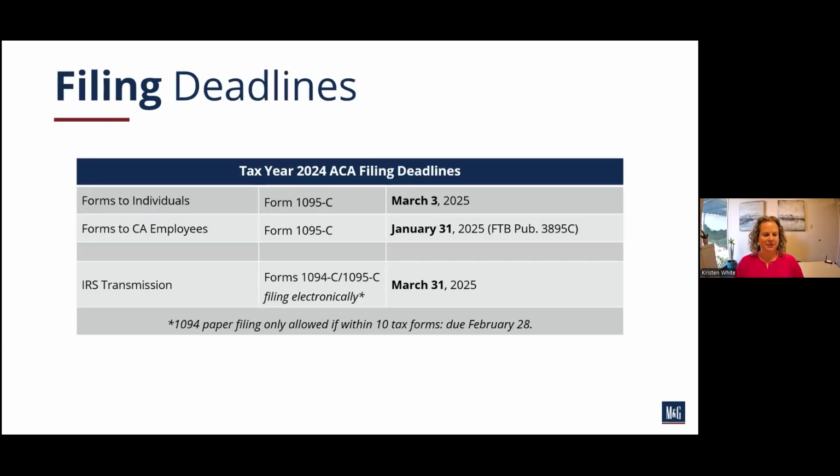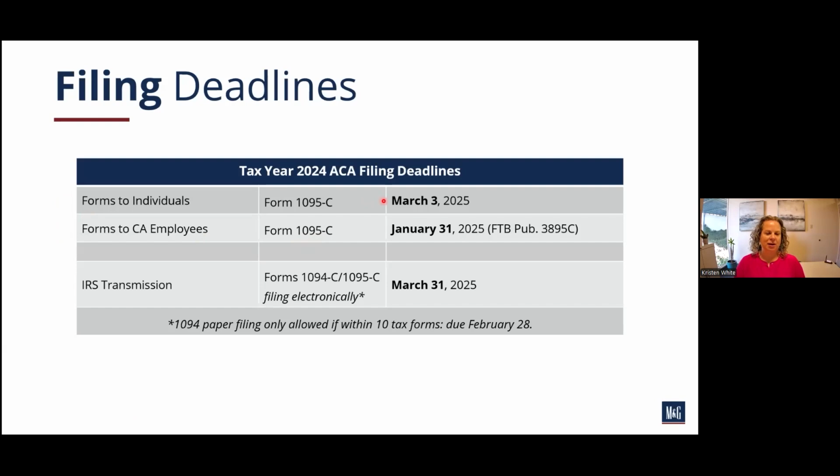When do you have to file? The next question. These two rows at the top here are talking about forms to your individuals, which are mostly your employees. That's the 1095 form. In this top row, we want to focus on March 3rd. Most of you get all the filing done, usually sometime in February, ideally in January.